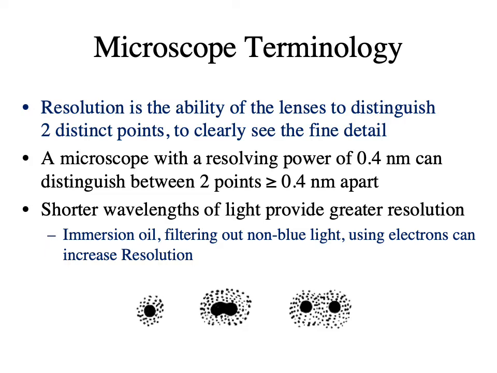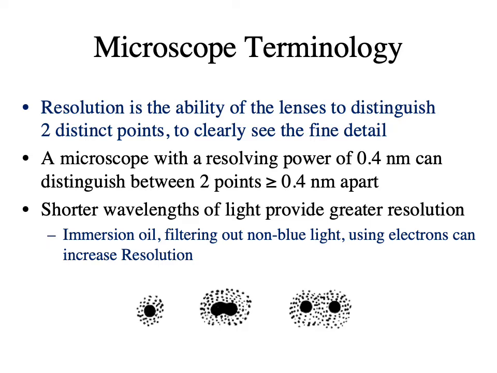Those all can increase resolution. If you look at the image on the far left, you see just one dot, a little bit of fuzziness around it. Then you get better resolution in the middle, and you can start to see that it's not just one dot. And then on the far right, you can see that there are two dots. That is the best resolution.